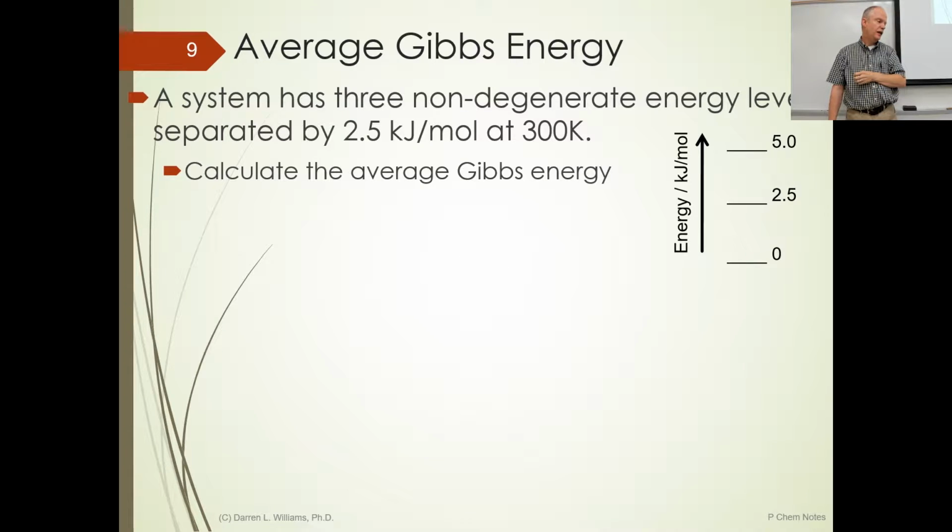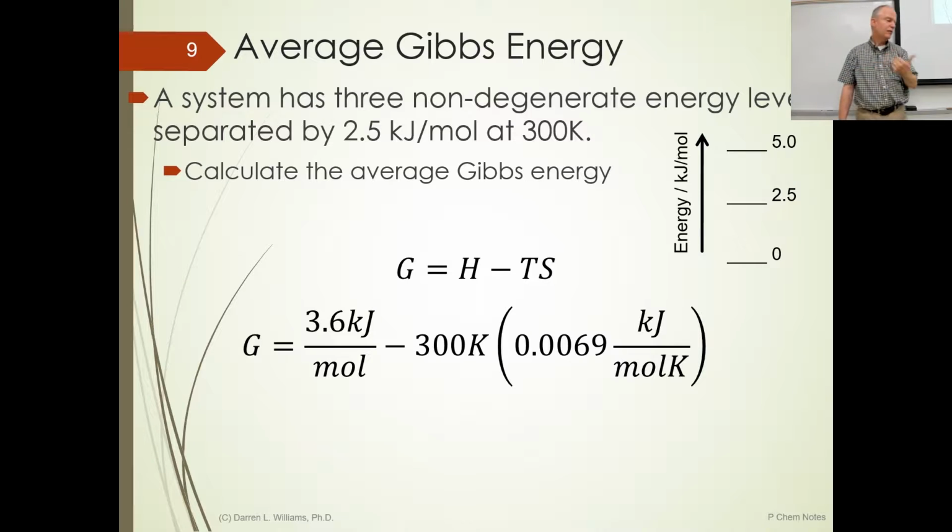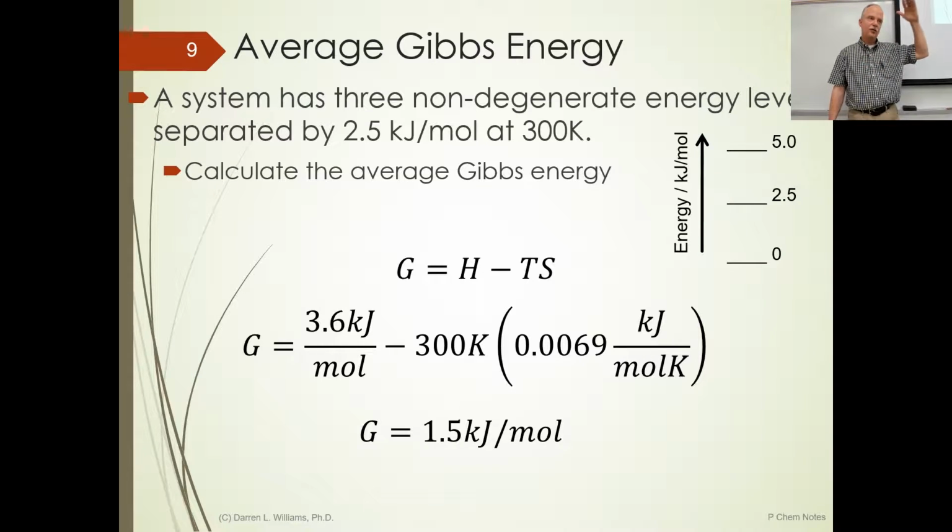And then the Gibbs free energy is going to be H minus TS, which is using enthalpy 3.6 kilojoules per mole, and so we end up with 1.5 kilojoules per mole. So this is just how you go through and calculate all those thermodynamic properties for a three-level system. Pretty simple setup.